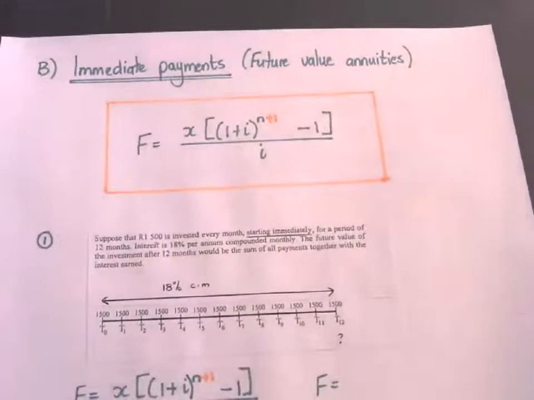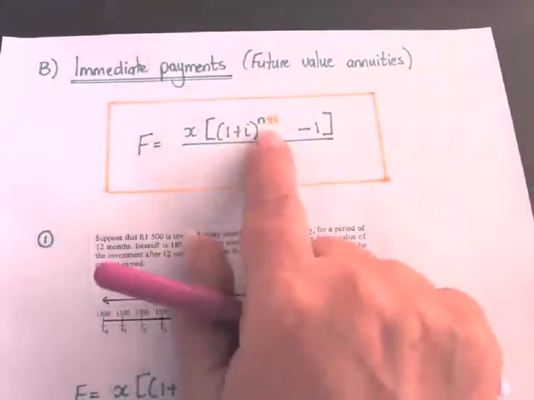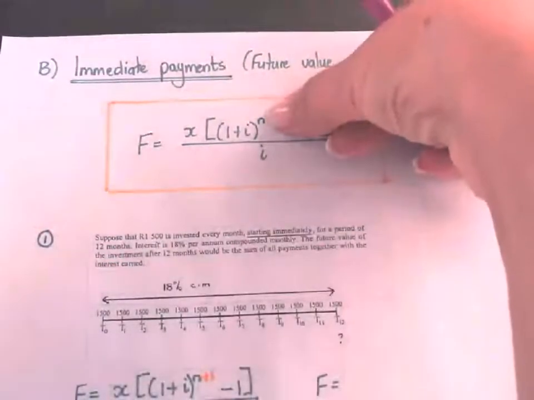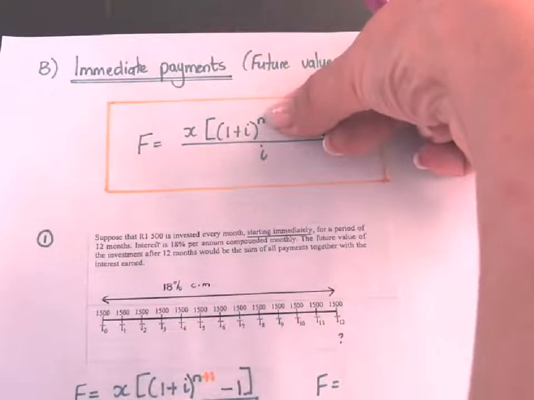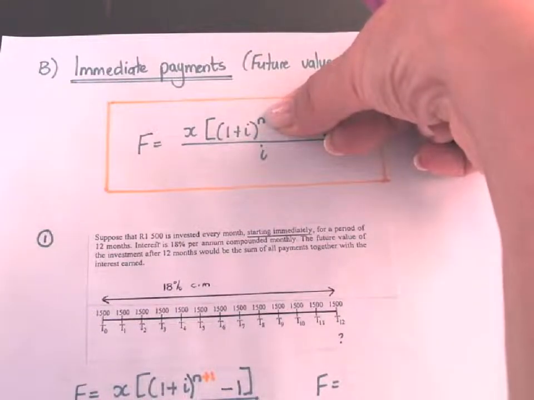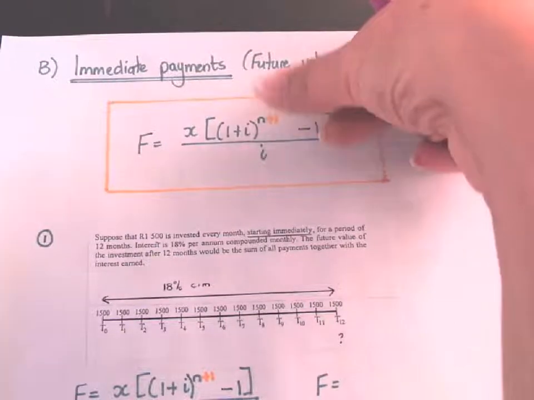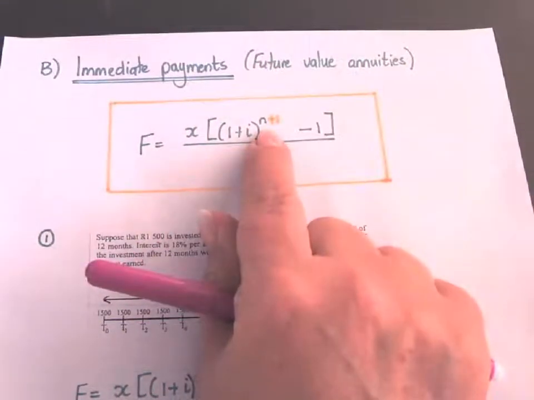And then what happens is our formula changes. We have all the ends until the end of the period, but because we have an immediate deposit, we add 1 as well.